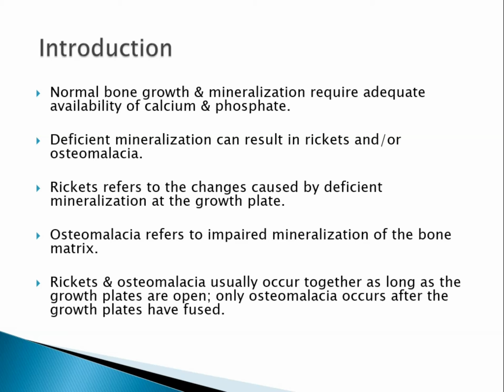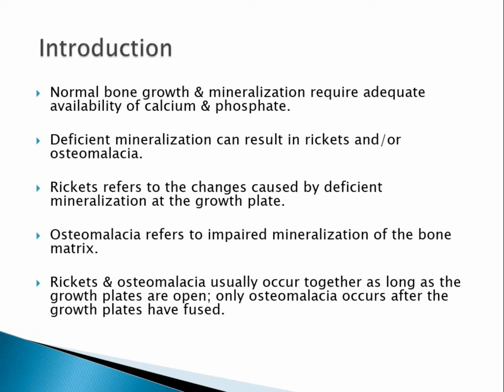Rickets refers to the changes caused by deficient mineralization at the growth plate, that is the epiphyseal plate. Osteomalacia refers to impaired mineralization of the bone matrix. Rickets and osteomalacia usually occur together as long as the growth plates are open. Only osteomalacia occurs after the growth plates have fused. This is because rickets occurs in the growing child and is the main characteristic for children.